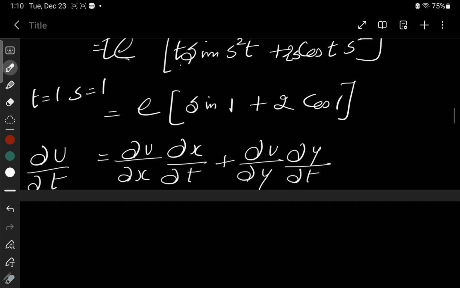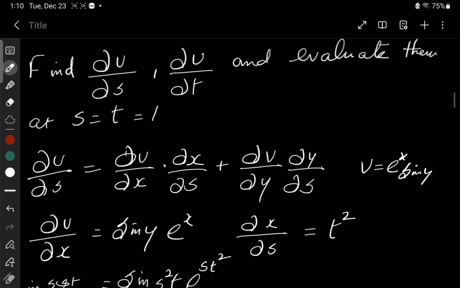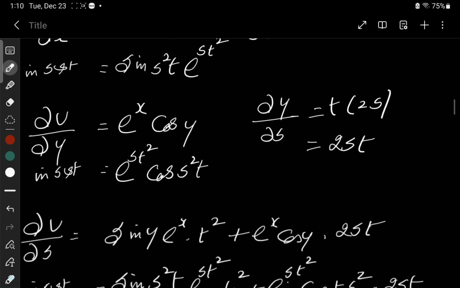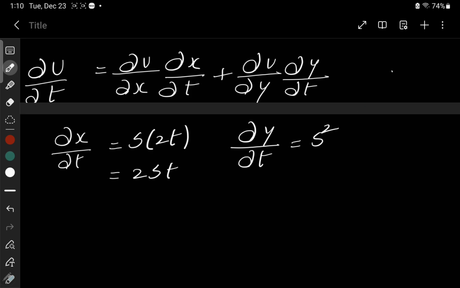So already we have got ∂u/∂x and ∂u/∂y. So ∂x/∂t: what is x? x is equal to s t², remember this. So s constant, 2t, so 2st. And ∂y/∂t: s² is constant, y is equal to s²t, isn't it? We differentiate with respect to t, we will get 1.